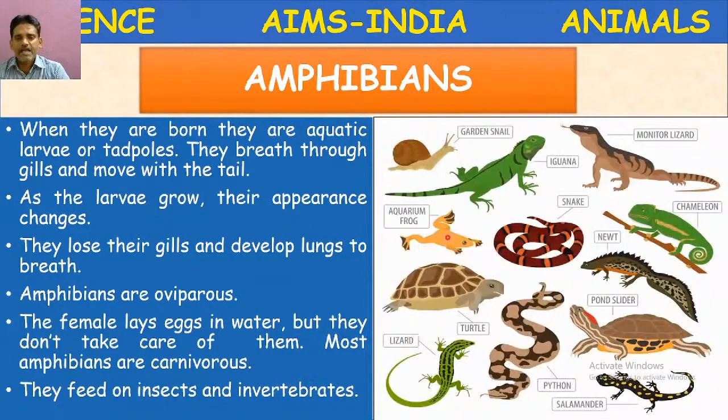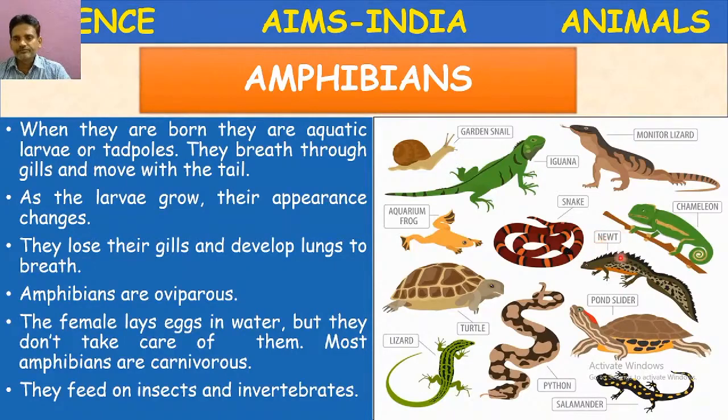See here some examples of amphibians are given. Many animals are there in this list. Try to identify the amphibians from this list. Frog is the common example of amphibian. Next, newt. It is also amphibian.